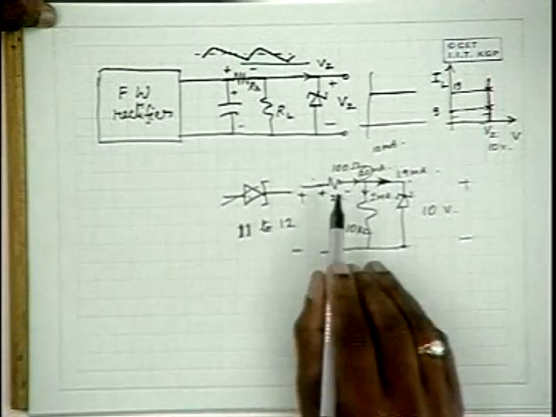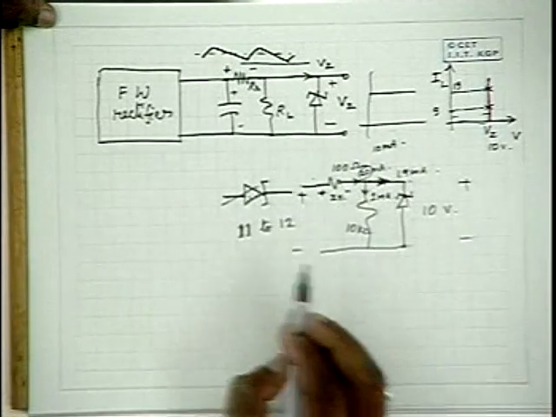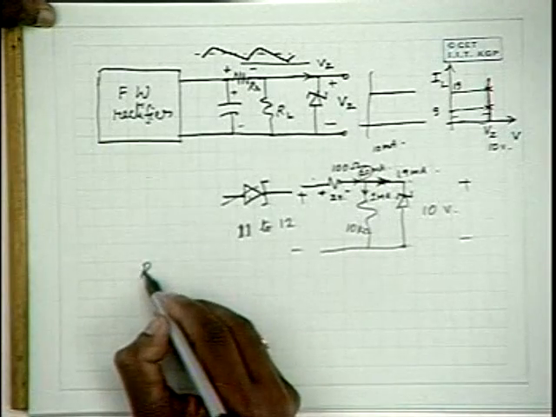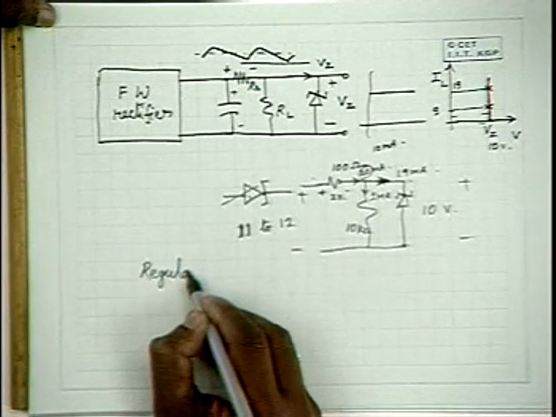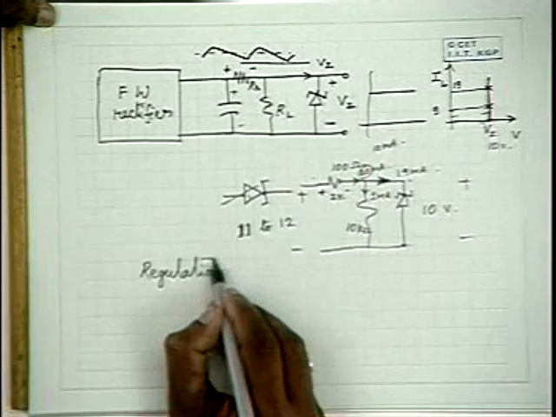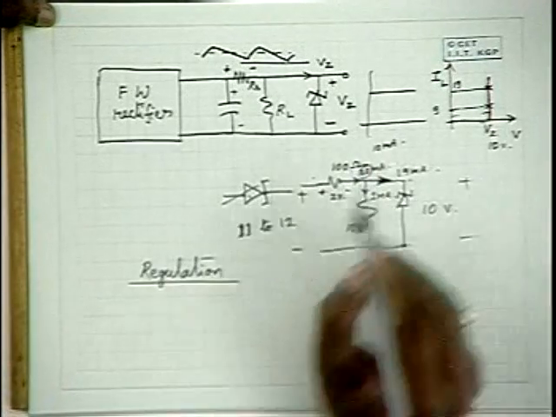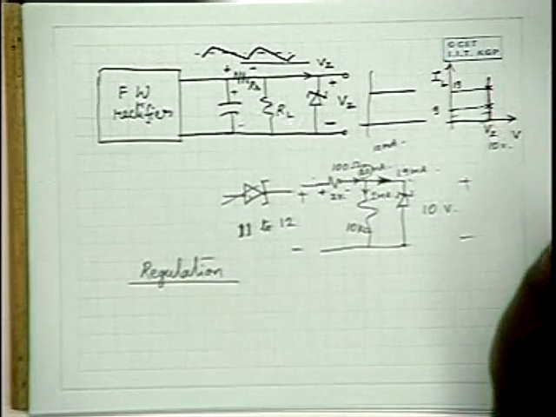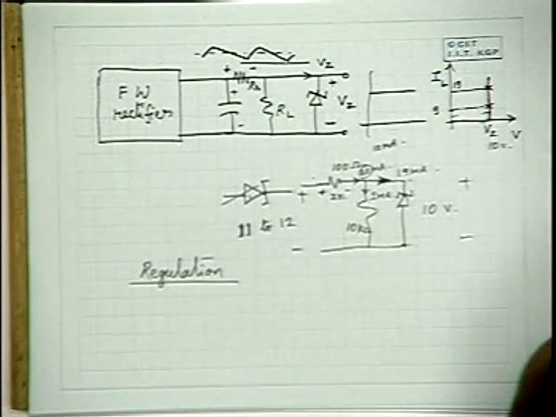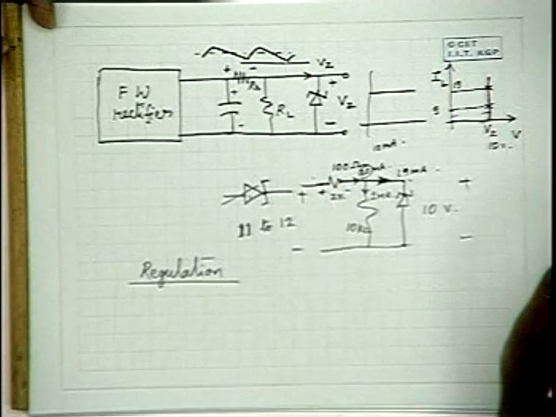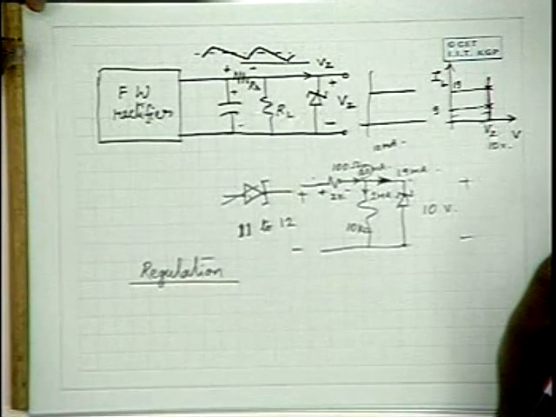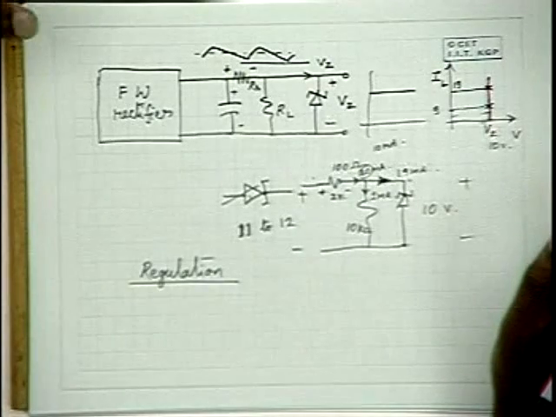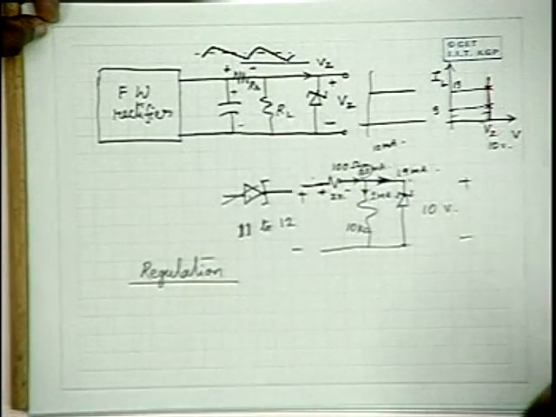Besides this, a Zener diode can also help in improving the voltage regulation. As we have seen, regulation is the percentage regulation of a circuit, which gives you the percentage by which the output DC voltage varies with different amounts of load current.